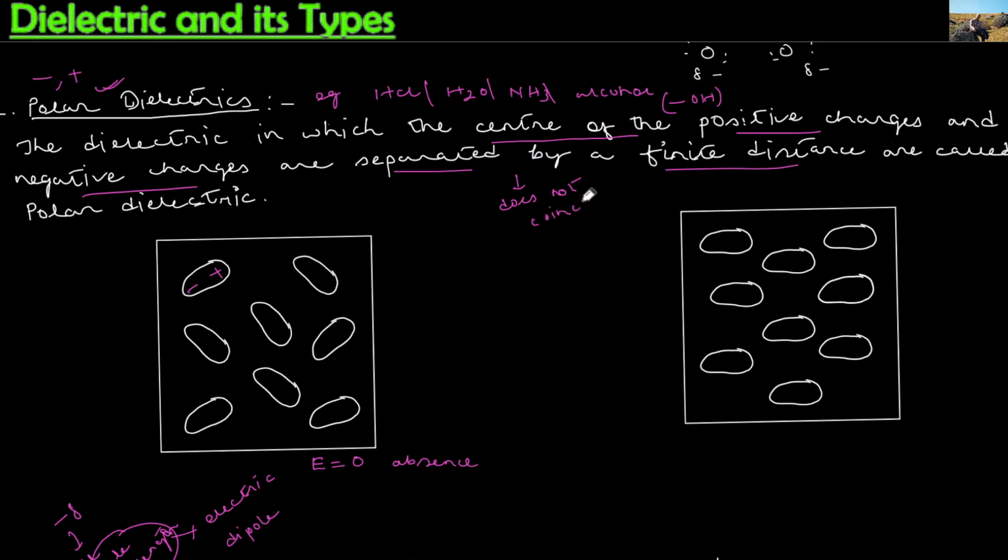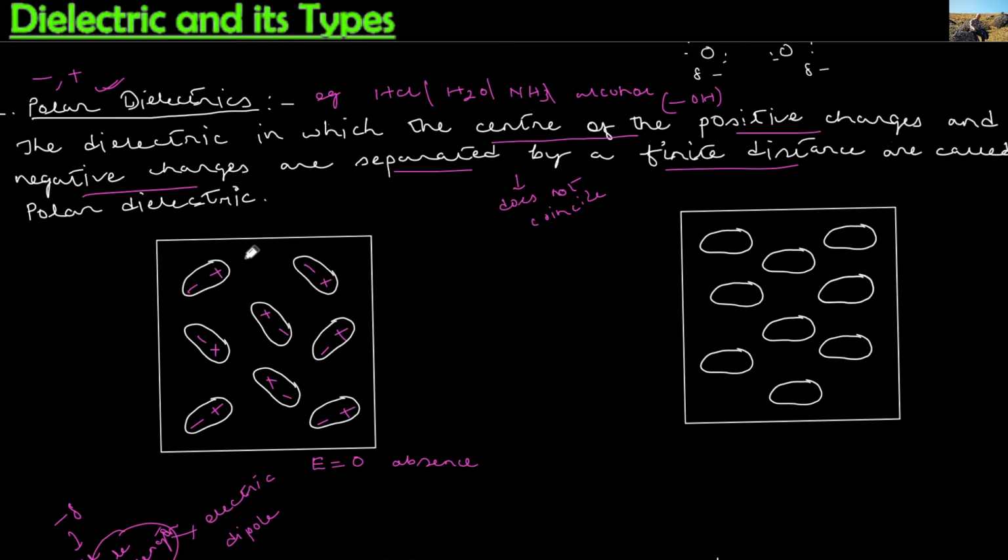Then all these electric dipole moments will be in random directions when you don't pass any electric field inside the dielectric material.